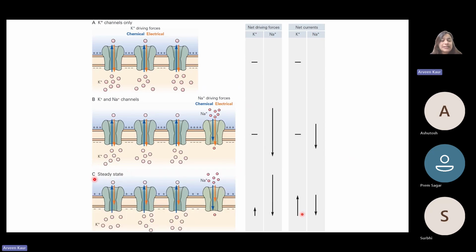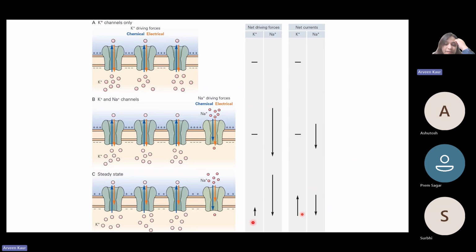Then a steady state is achieved again, wherein these active channels are no longer open, but sodium is driving sodium ions inside. So both electric and chemical currents. In potassium, the chemical current is stronger, which is driving it outside, and the electrical current is smaller, which is driving it inside, right?